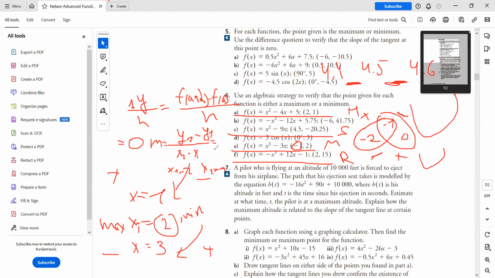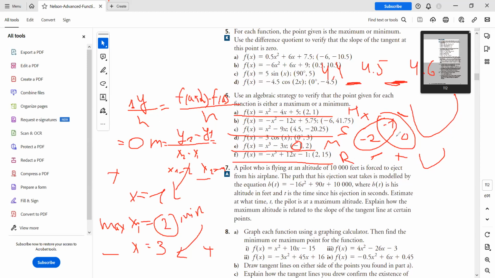At x equals -2, negative 2 to the power 3 is -8. So this is negative, but altogether it's positive.